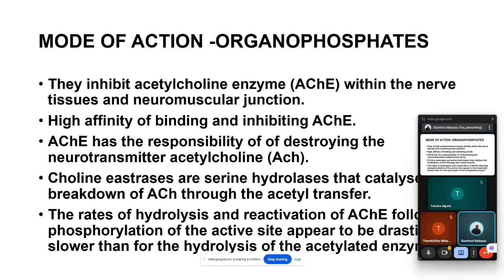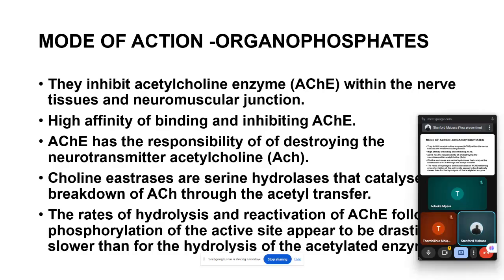So within the nervous system, we have got acetylcholine, which can actually transmit a signal. But once it has transmitted a signal, it has to be stopped so that the transmission of the signal will be controlled. So you will now need acetylcholine enzyme to come in and destroy and remove acetylcholine.